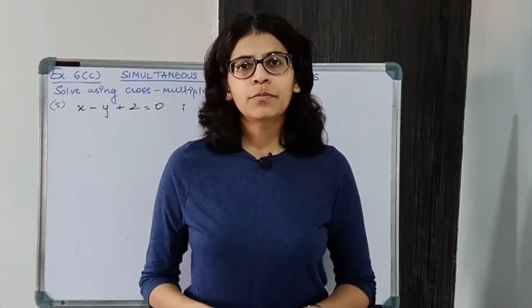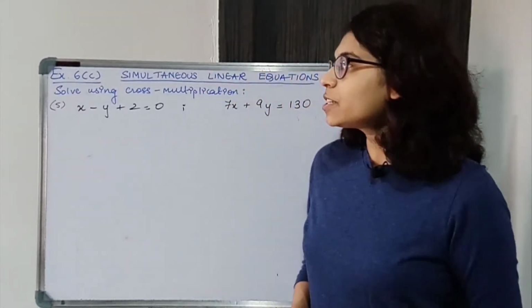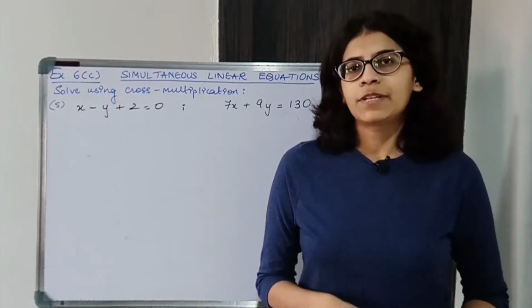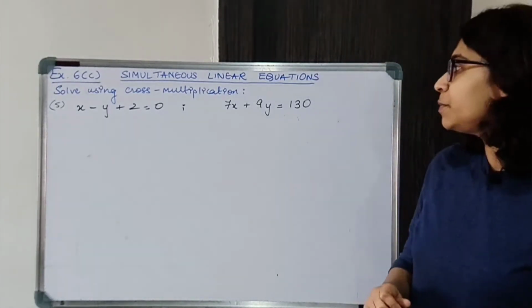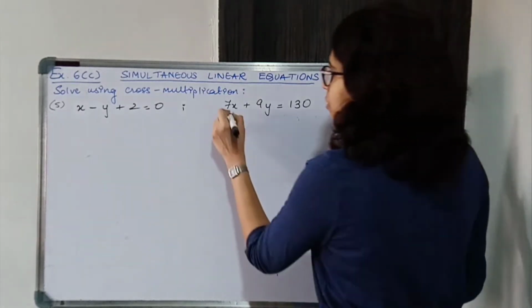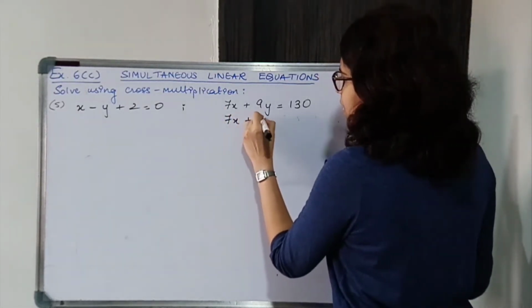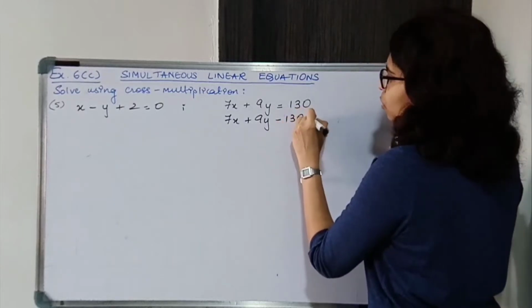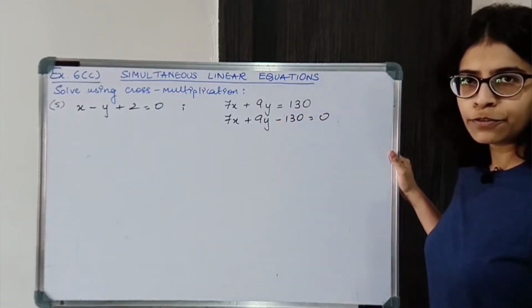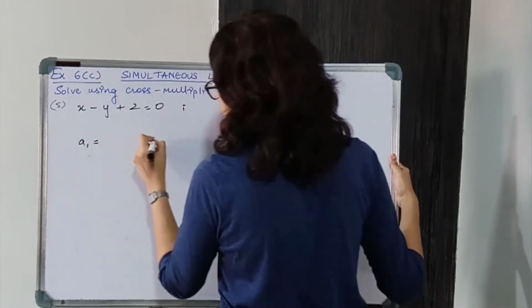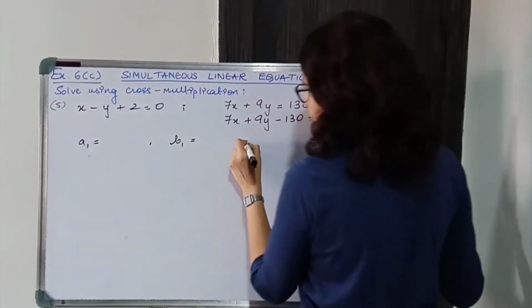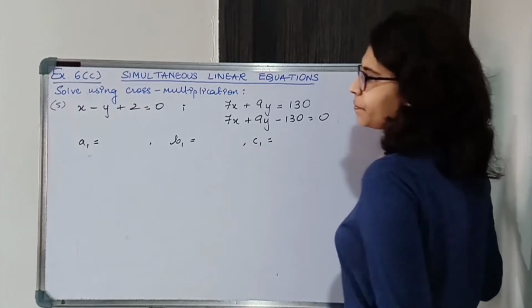Moving on to question number 5. Now the first equation is in the form ax plus by plus c equal to 0. Second one, we have to shift the term in LHS. So 7x plus 9y minus 130 equal to 0. Now it is in the required form. Second step, we'll write down the values of a, b and c.